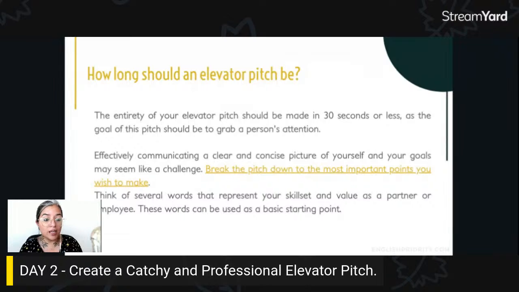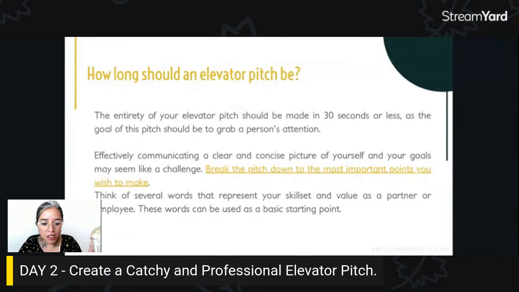This is why you can have different elevator pitches, because you can adapt the pitch to the purpose of the conversation. Think of several words that represent your skill sets and your value as a partner or as an employee, and those are the words you're going to use in your pitch. These are also called keywords, and they are really important.